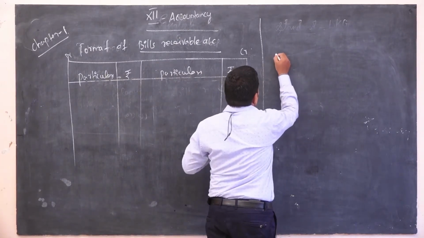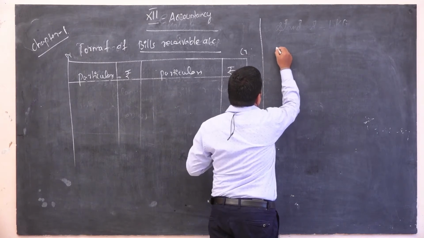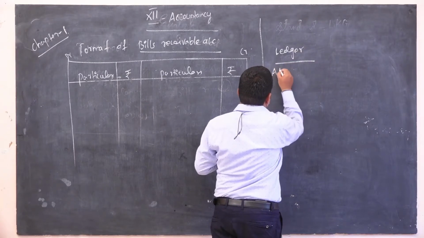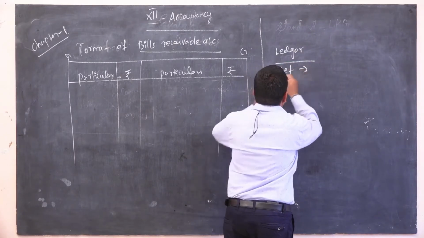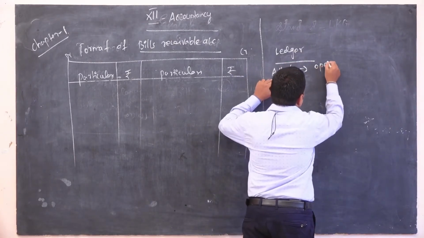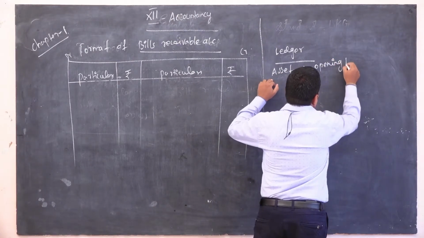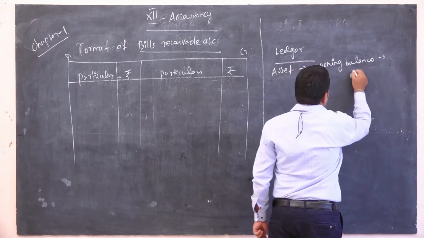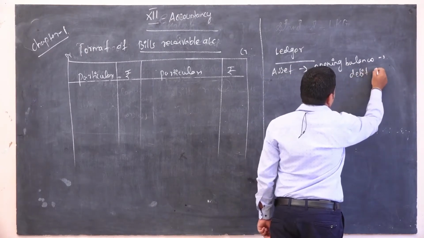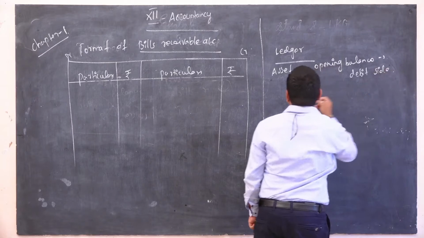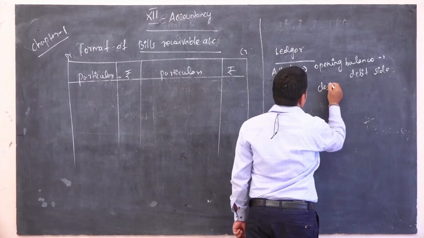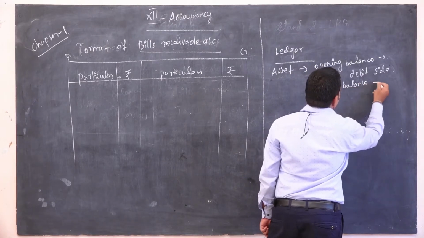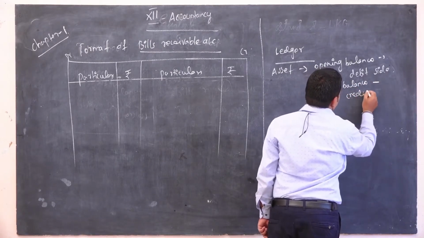If you are opening a ledger that is an asset, the opening balance comes under the debit side and the closing balance comes under the credit side.